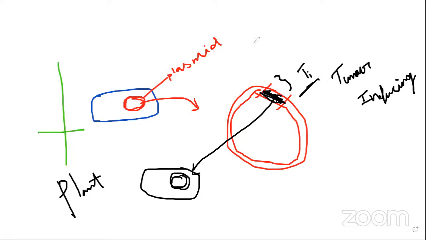Imagine this is a leaf, and the effect will be very complicated, mostly in this portion. The cells are produced like this, and some are like this. This is called crown gall.